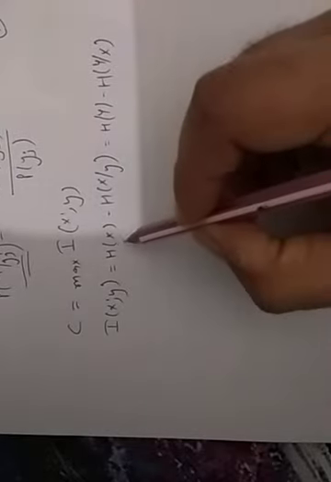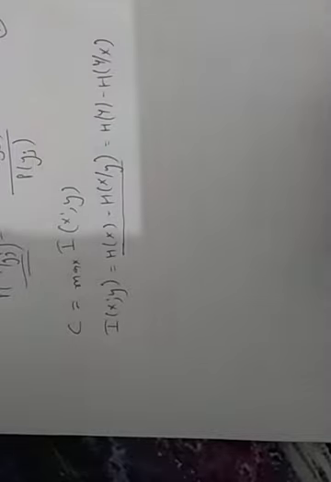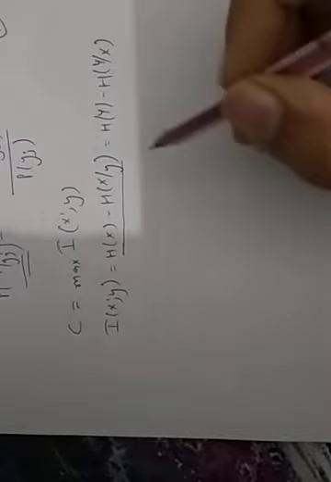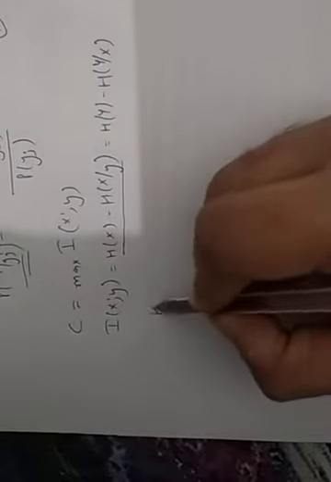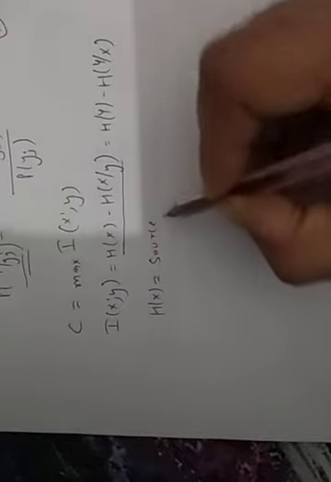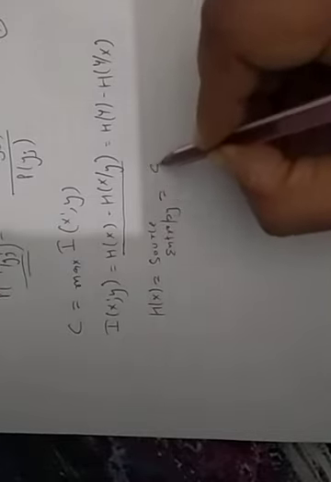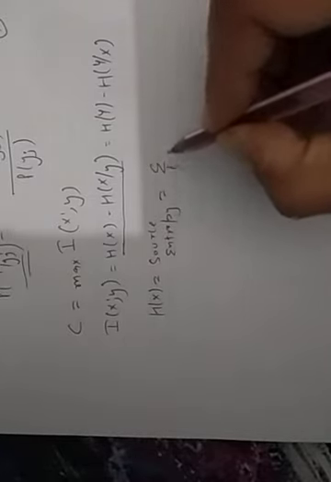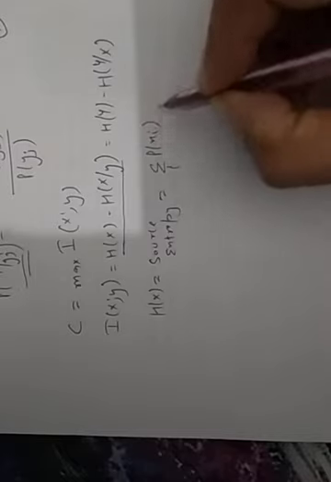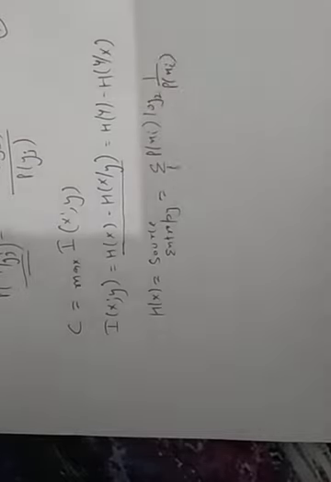Let us develop the formula with the first relation, that is H(X) minus H(X/Y). We all know H(X) stands for source entropy, and its value is summation over i of P(xi) log base 2 of 1 by P(xi), where I stands for the number of input sources.